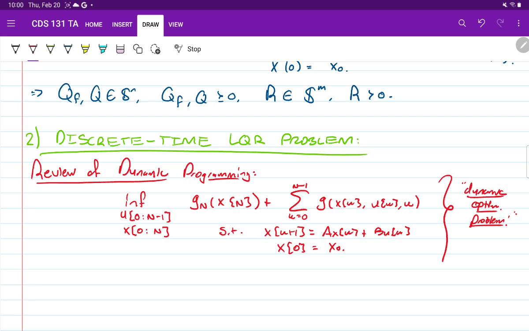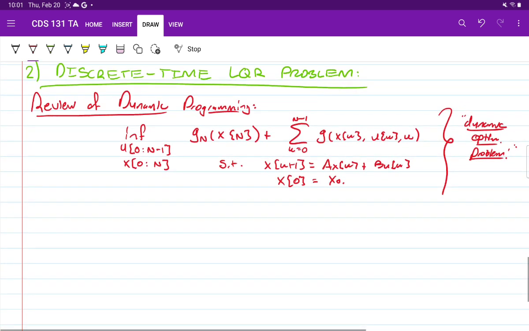This is something that makes this problem really tricky to solve. We're going across n steps. We're optimizing over this entire sequence of inputs. We have this really complicated cost function. And we actually have our system dynamics embedded as a constraint on this problem, okay? So these things are really hard to solve in general.